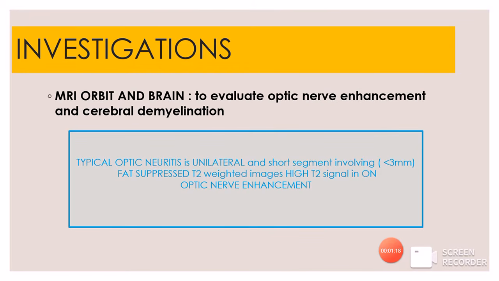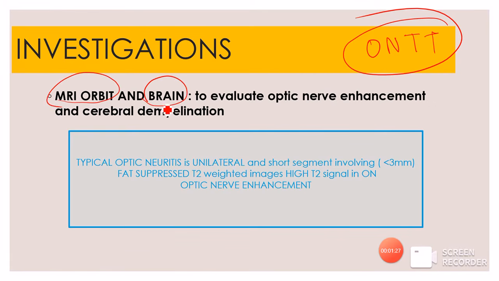In optic neuritis, according to the Optic Neuritis Treatment Trial, the investigations, especially MRI orbit and MRI brain, have prognostic indication, and they can also tell you about the risk of development of multiple sclerosis, right? So we can go for MRI orbit and brain to evaluate optic nerve enhancement and cerebral demyelination.